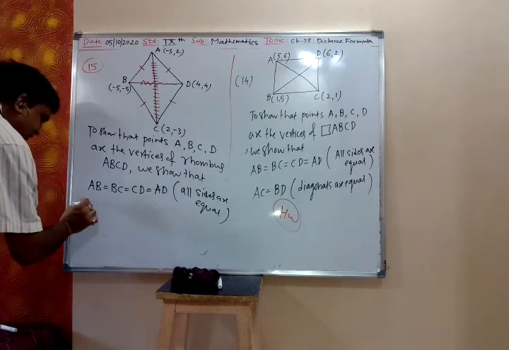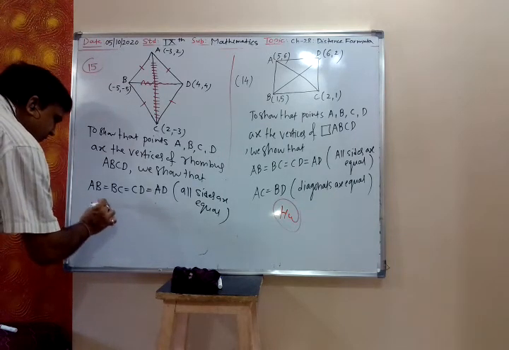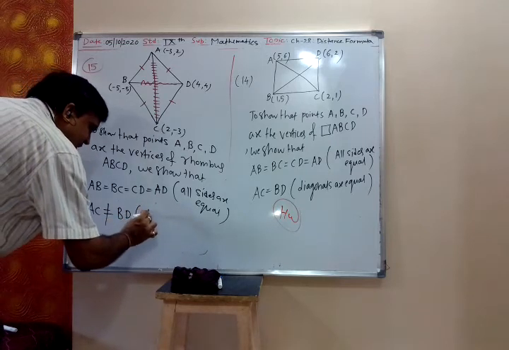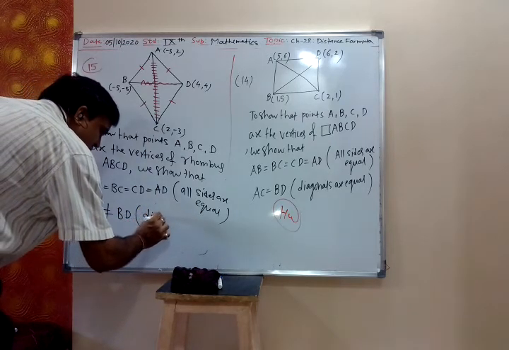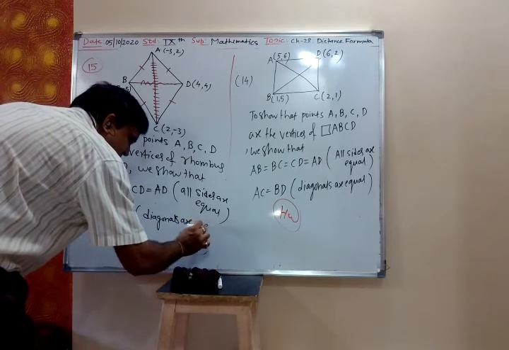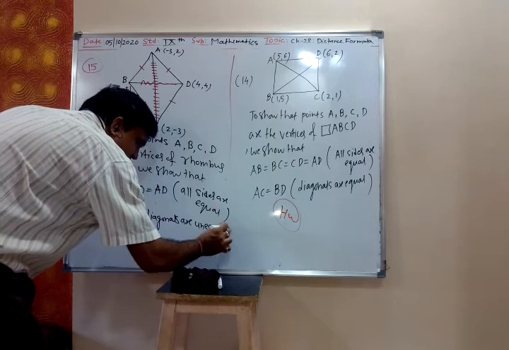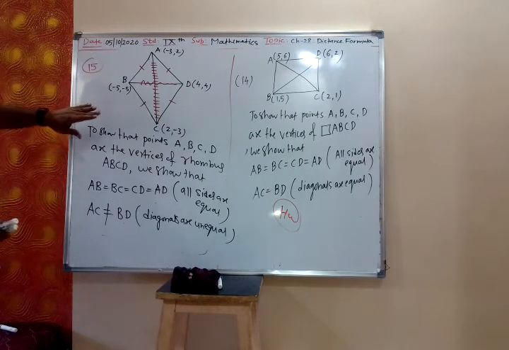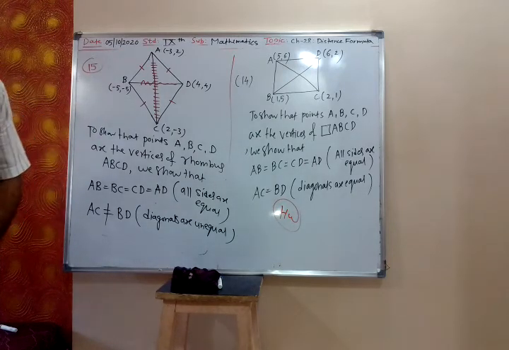That is AC is not equal to BD. Diagonals are not equal. Because when the diagonals are equal in rhombus and all sides are equal, this rhombus will become a square. So further calculation part you will do.